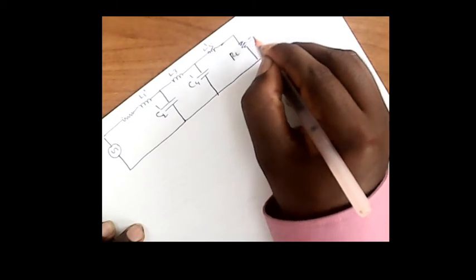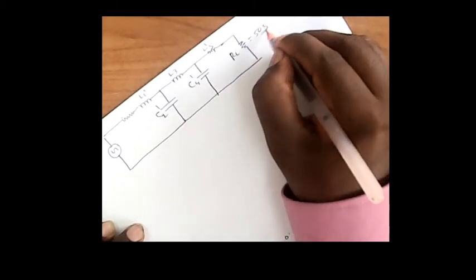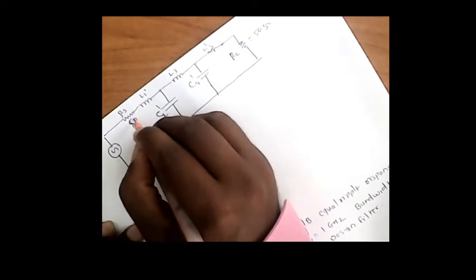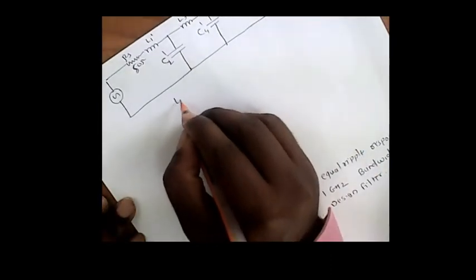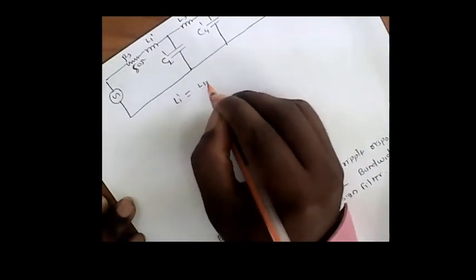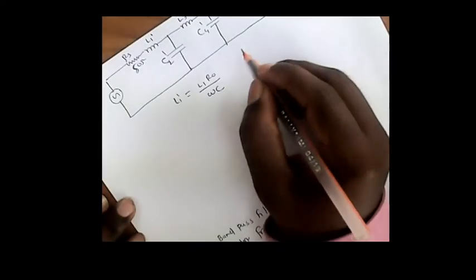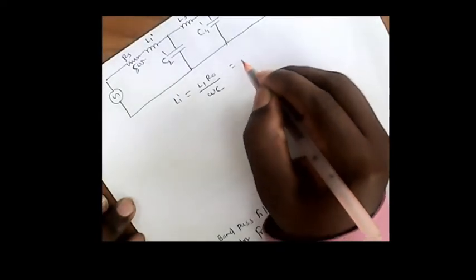R is equal to 50 ohm, and source resistance and load resistance are equal. So we can calculate the first value, L1, which is equal to G1 times R0 divided by omega c, where R0 is equal to RL. So we put the L value equivalent to the G1 here.